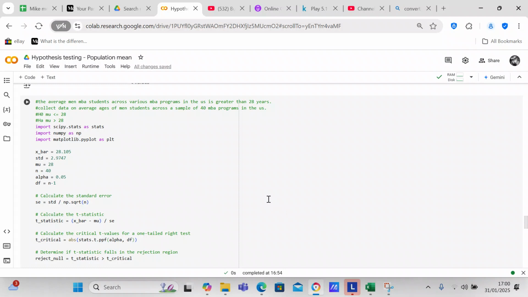So we're going to import SciPy to perform our scientific computations, NumPy to perform our numeric computations, and Matplotlib to visualize the data.